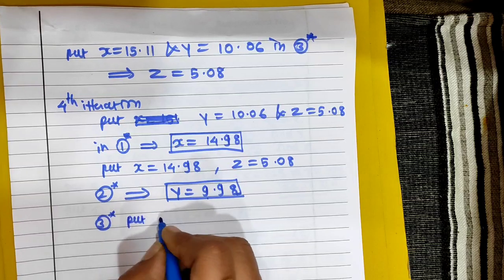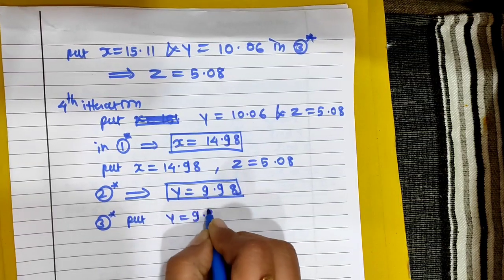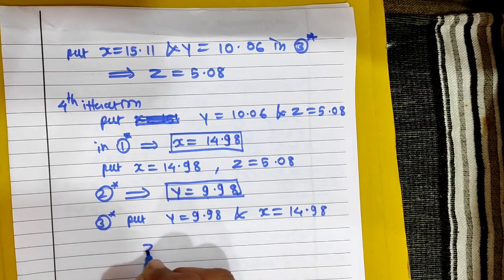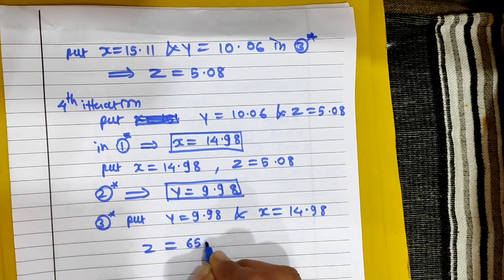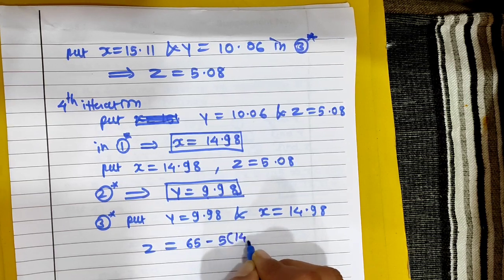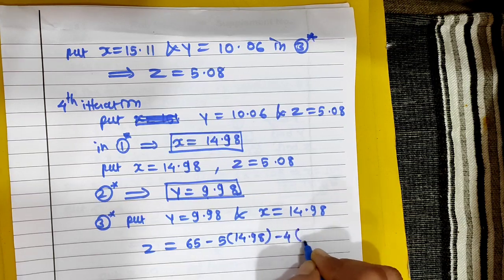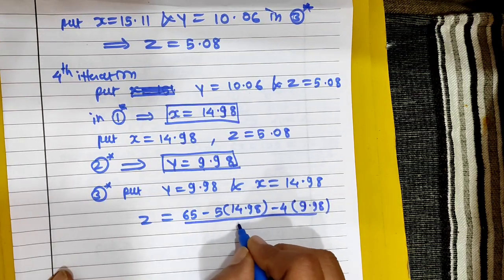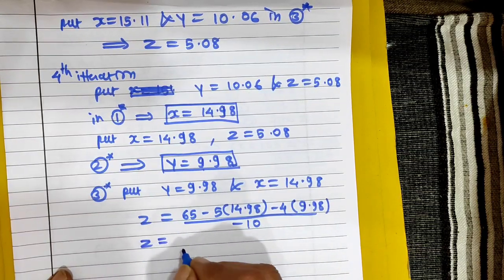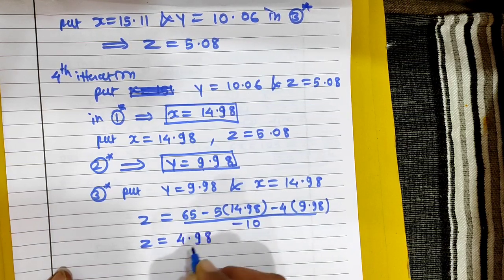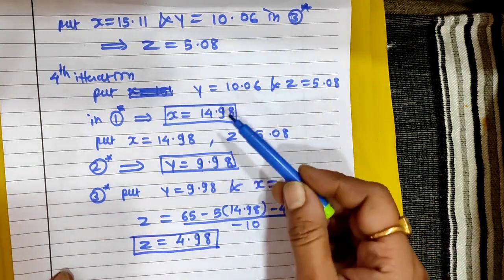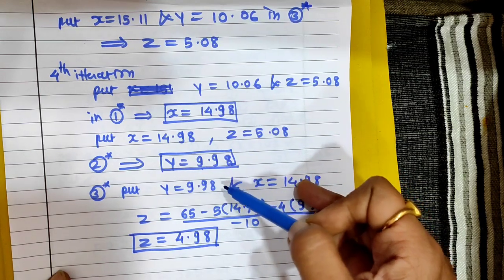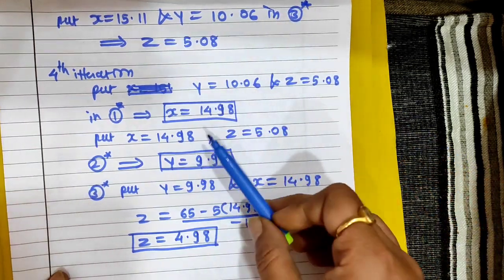Put the latest value of y, 9.98, and the latest value of x, 14.98. So z equals (65 minus 5 into 14.98 minus 4 into 9.98) divided by minus 10. This is how we have to put the values there. Using the calculator, we got the answer 4.98. So in the fourth iteration x equals 14.98, y equals 9.98 and z equals 4.98. So this is not the proper answer.